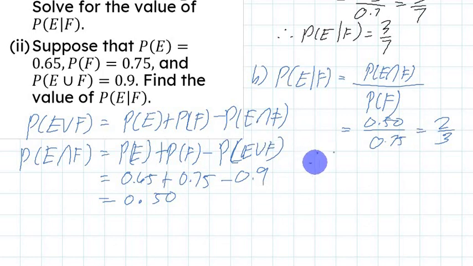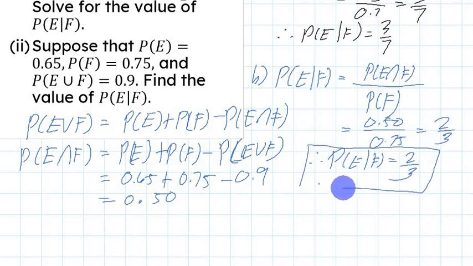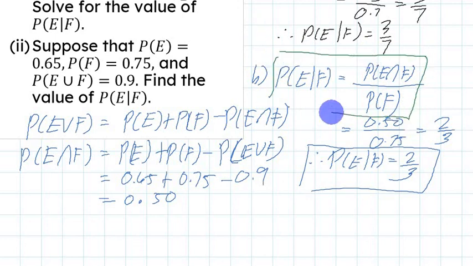So the probability of E given F is 2/3. So this formula here can be our guide when we solve problems involving conditional probability.